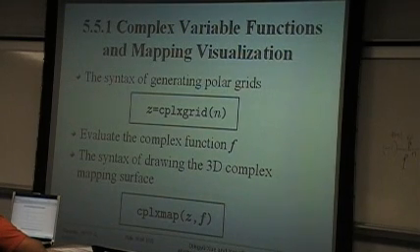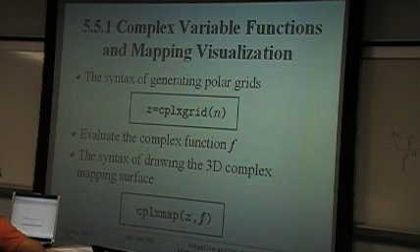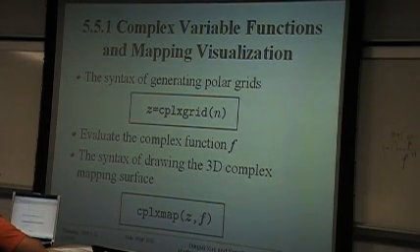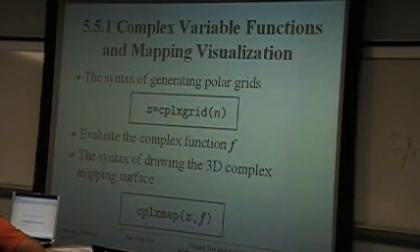So suppose there is such a function, a complex variable function. How can we visualize it? Like for a real function f(x, y), we have to use the meshgrid command to generate grids, and then on the grid we can draw three-dimensional mapping surfaces.